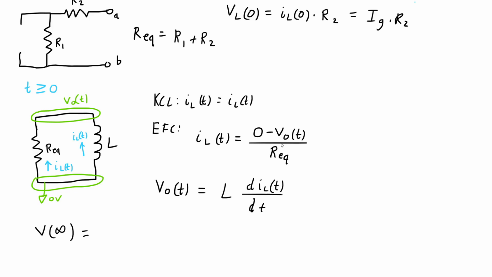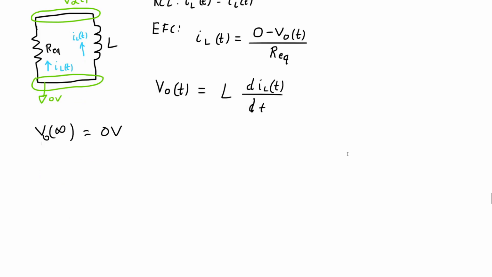Now, there is a source still in the circuit, but the inductor is going to go short again. There's no resistors underneath it. We can say that VO infinity is going to be 0.